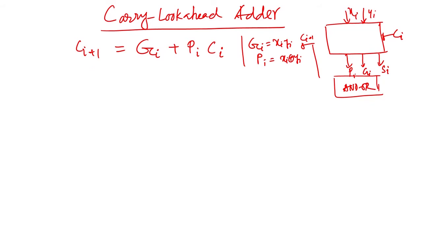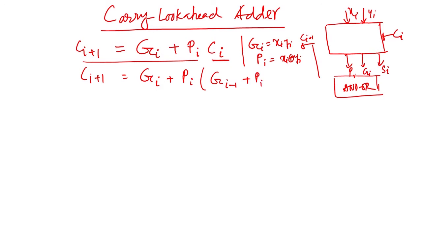Ci plus 1 equals Gi plus Pi Ci. If you replace Ci in terms of this one, what do you get? Pi into Gi minus 1 plus Pi minus 1 into Ci minus 2, right. So, again you can do it.